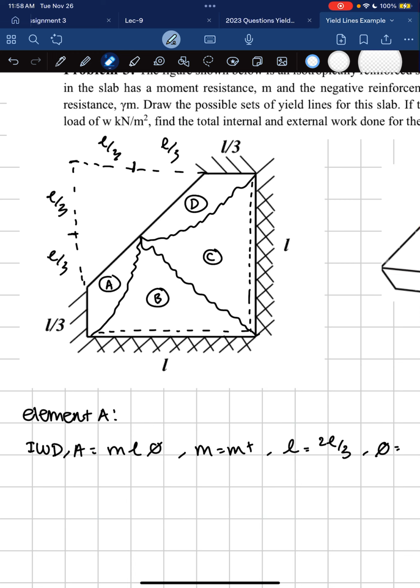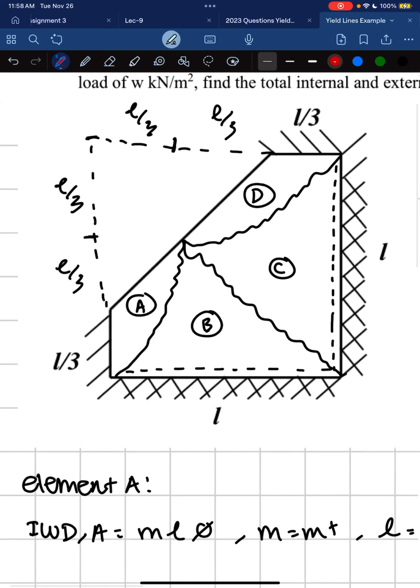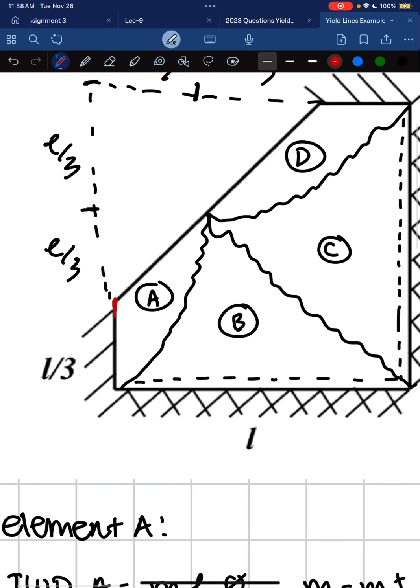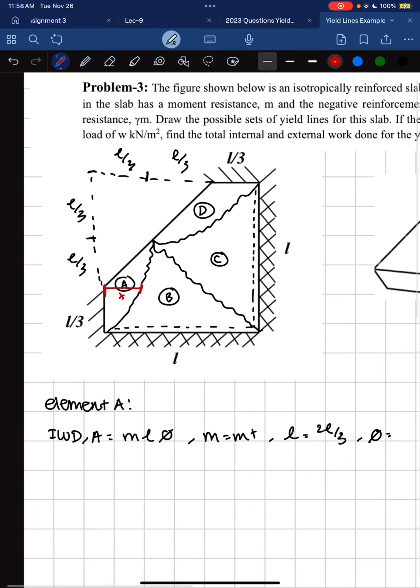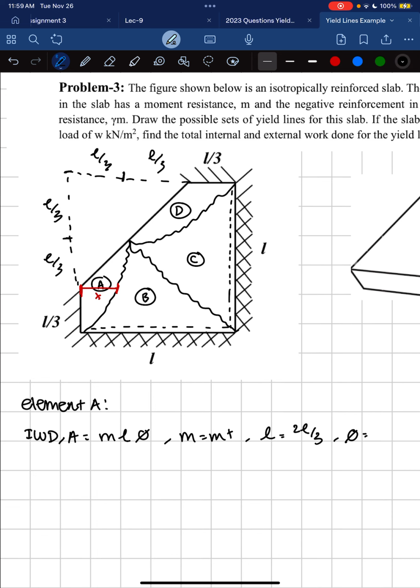What that means is that we start at the support and go towards the yield line, or start at the yield line and go towards the support. But anyways, this is the distance that we're using, and we want maximum deflection. Obviously, this is the maximum point based on the image and the yield lines that we have.